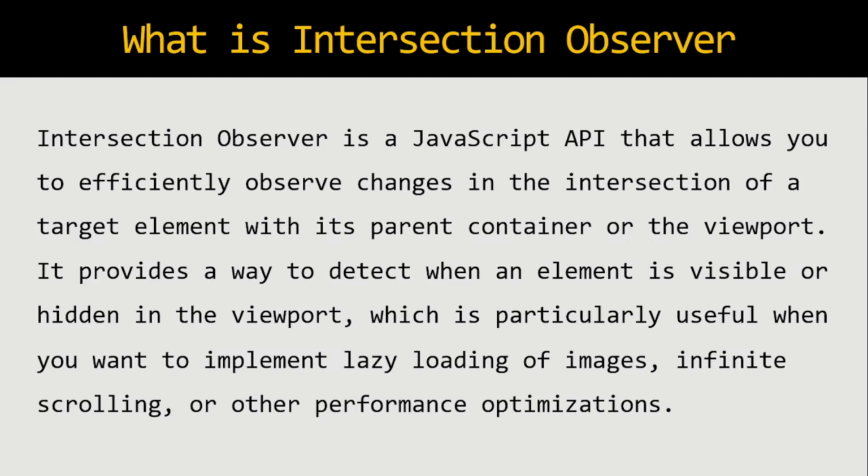I think in future I'm going to make a video about these two: lazy loading of images and infinite scrolling, and even other performance optimizations. But in this video we are going to use it actually to animate on-scroll animations, whereby you scroll and then the element comes into the viewport.